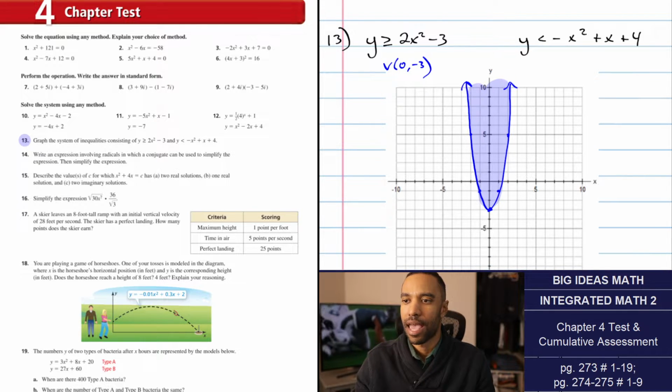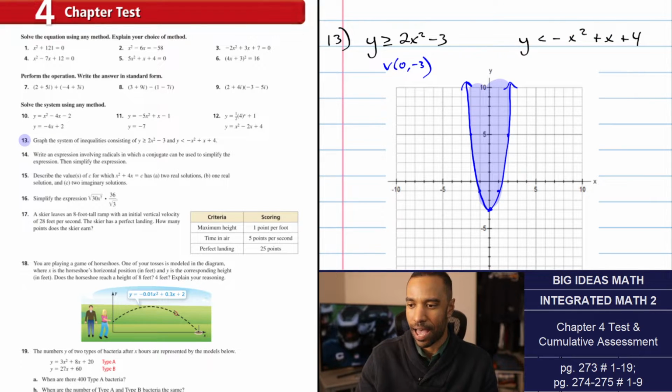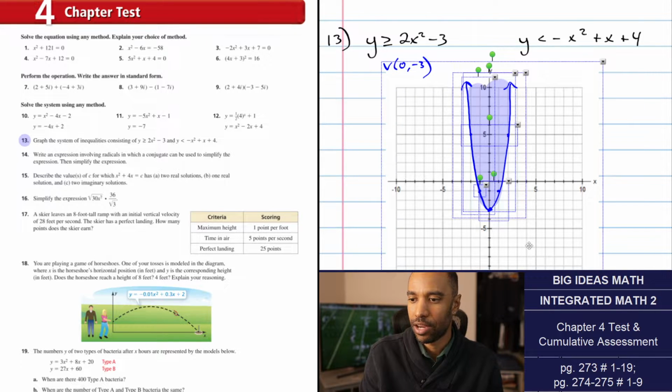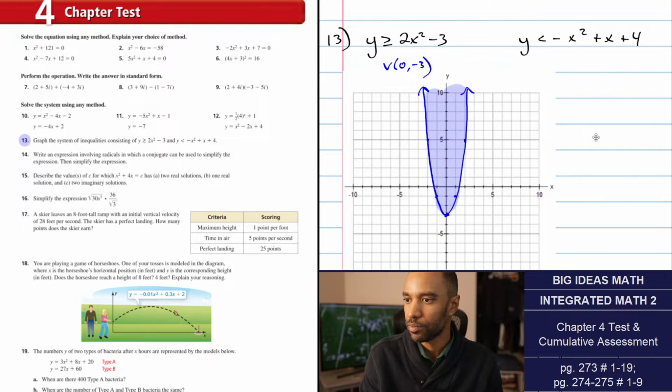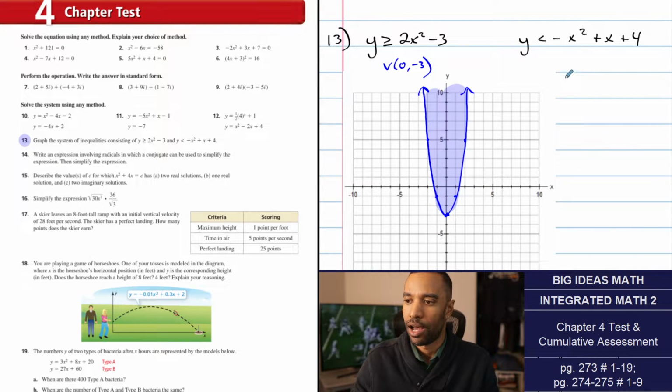All right. The next one, y is less than this guy. I'm going to move this over a little bit. This guy here, I need to find the vertex. Now this time I'm going to use negative b over 2a. Vertex, x value is negative 1 over 2 times negative 1, which is negative 1 over negative 2, or 1/2.